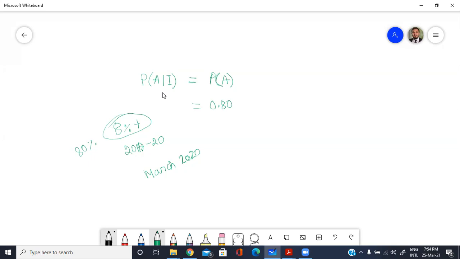So what do you think when the new information has come that there will be the effect from COVID-19? This probability might not be true as expected.